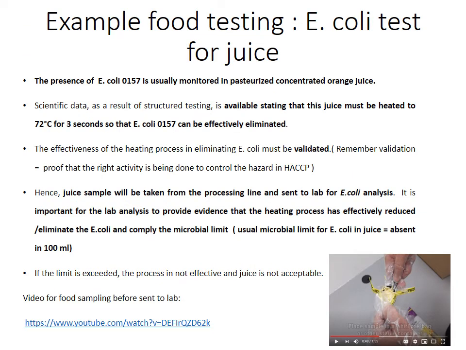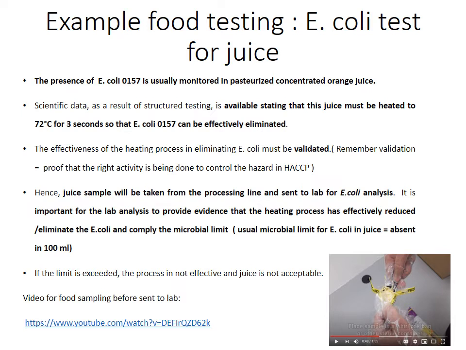Here is an example of a microbiological test conducted for food. The food here is juice. We want to conduct an E. coli test for the juice because the presence of E. coli O157 is usually monitored for pasteurized concentrated orange juice.